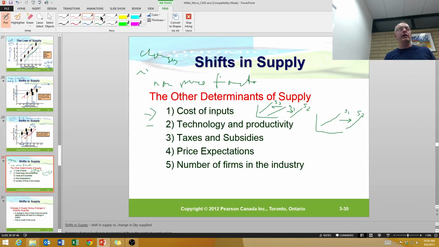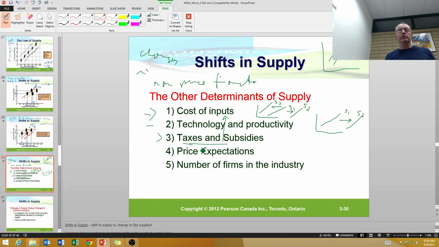Anyways, okay, so we have the impact of changes in taxes and changes in subsidies. And when we talk about the effect of taxes and subsidies, we're really coming back to the cost of inputs. So here's our original supply curve, and we know that if production costs increase, our supply curve will shift to the left.